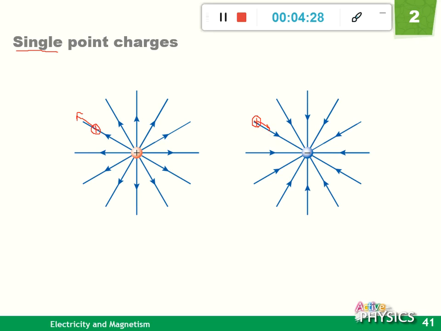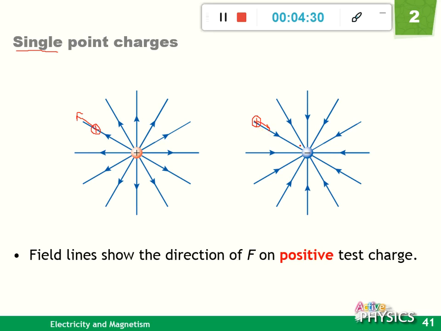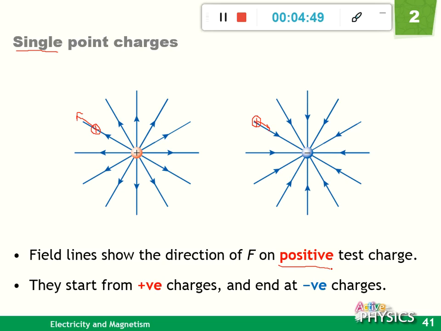Then the direction should be in this way. Field lines show the direction of the force on a positive test charge. Once again, the test charge should be positive because this should be the same direction as the electric field lines. They start from positive and then end at negative.